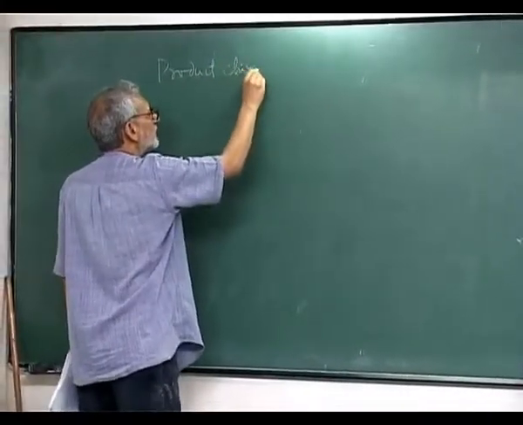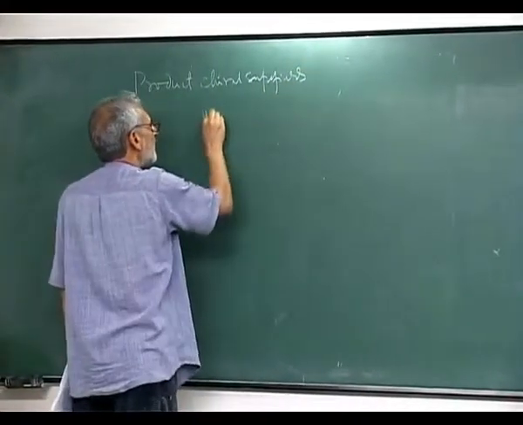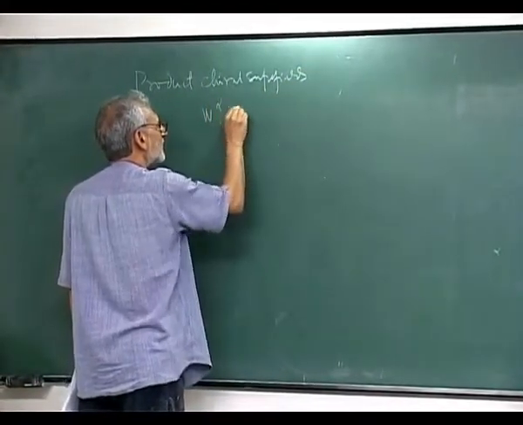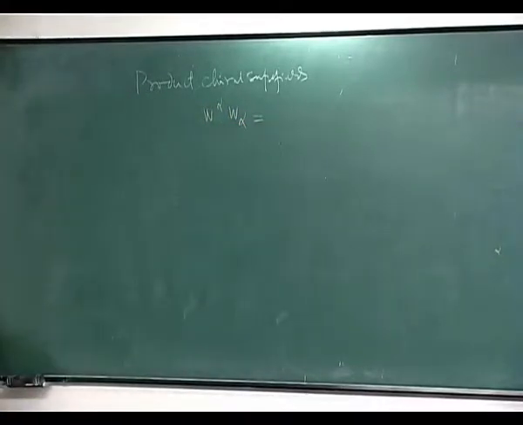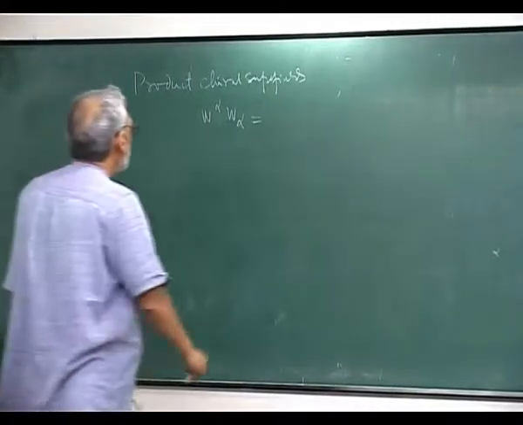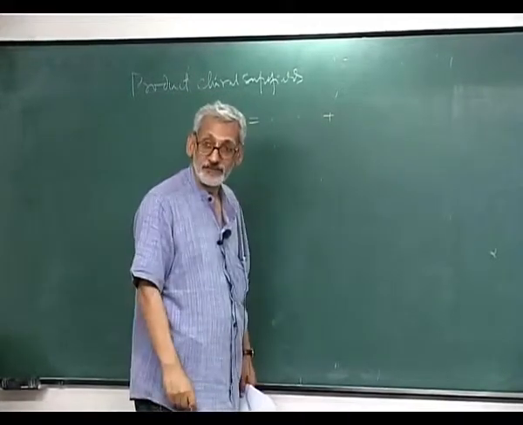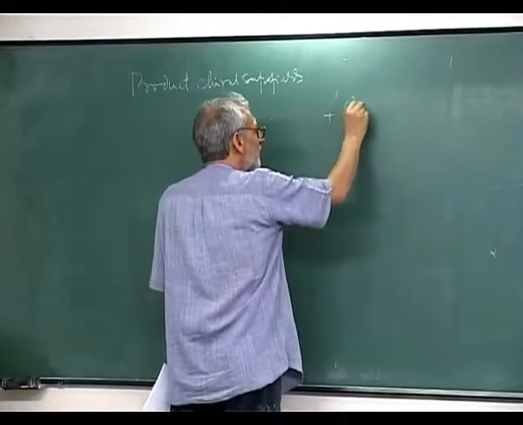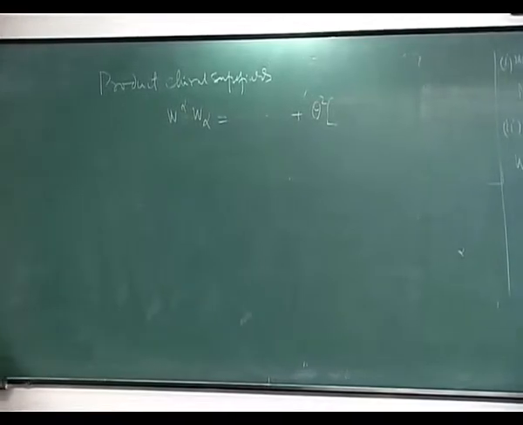Product of chiral superfields, W alpha, W alpha. If I construct this, it will have various terms, and since it's a chiral superfield, the highest term is going to be a theta square term. And let me work out what the theta square term is.